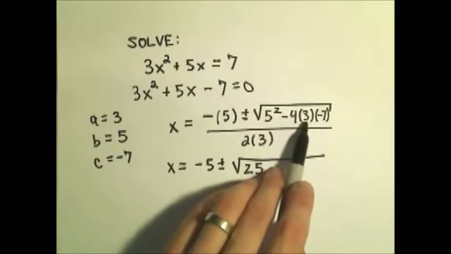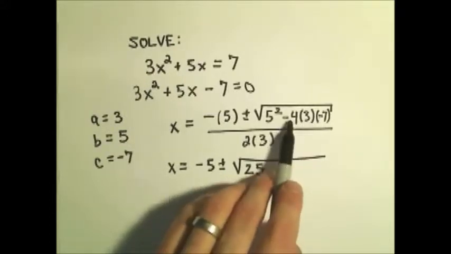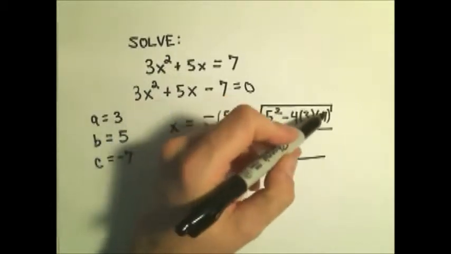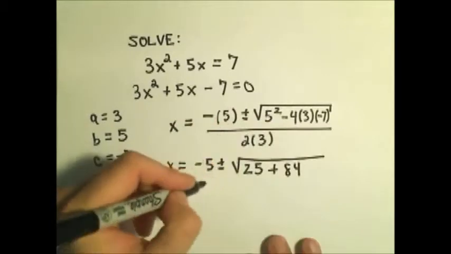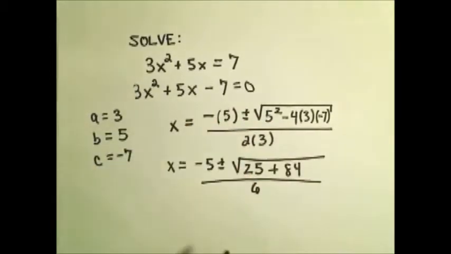Negative 4 times positive 3 is negative 12. Negative 12 times negative 7 will give us a positive, and 12 times 7 is 84. And that's all divided by 2 times a, or 6.